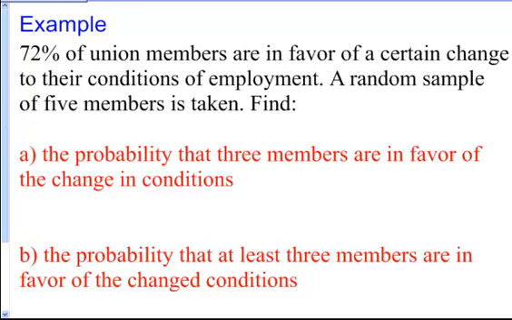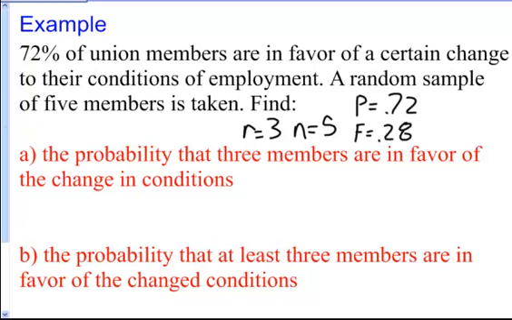Okay. So the probability that 3 members are in favor. R, which is our number of successes, is 3 members in favor. N, our number of trials, is equal to 5 because we're selecting 5 different members. P is equal to 0.72, that's our probability of success, and we'll say F is our failure, which is 0.28.